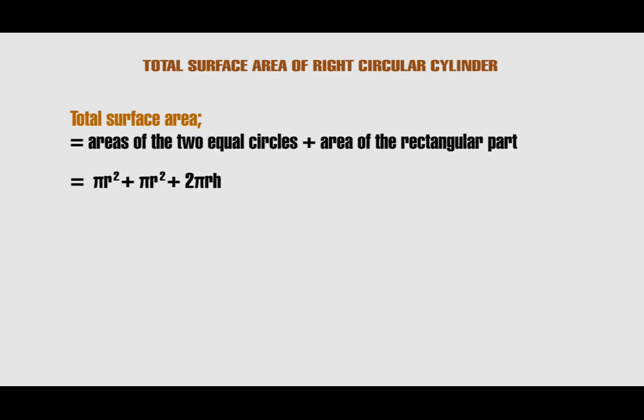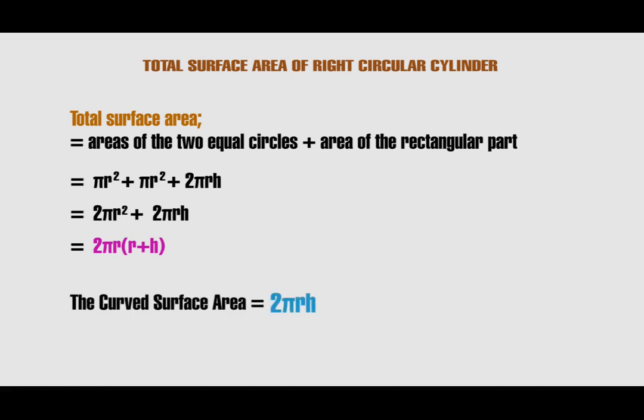When we simplify this, we are going to have the total surface area of a cylinder to be 2 pi r (r plus h). Remember that the curved surface area is given by 2 pi r h.